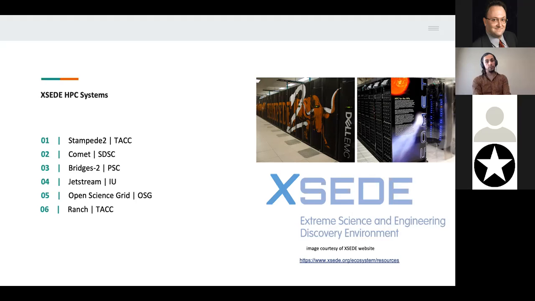Based on that, they can submit grant requests to get more access and more CPU hours or GPU hours or storage on the XSEDE resources. And each system has its own documentation and support team and all of these resources. So this is a great service that you can access.